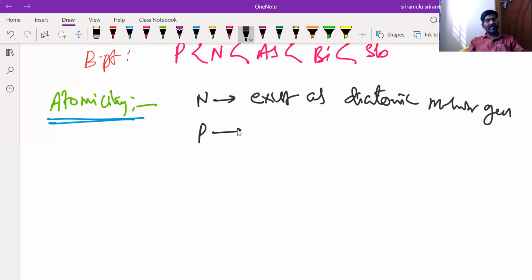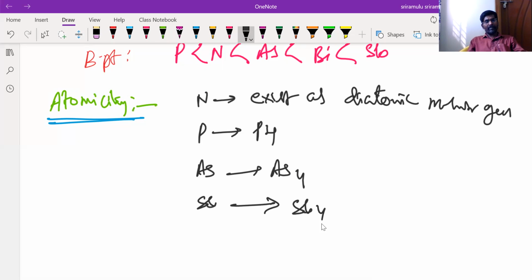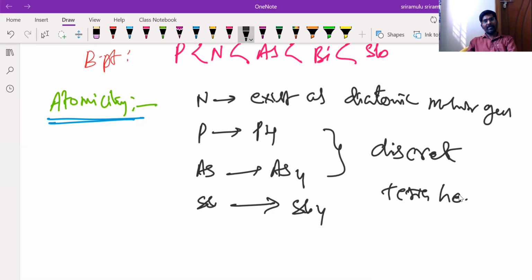Phosphorus exists with P4 atomicity. Arsenic also exists as As4, and antimony also exists as Sb4. So these are discrete tetrahedral, sorry, tetraatomic units.